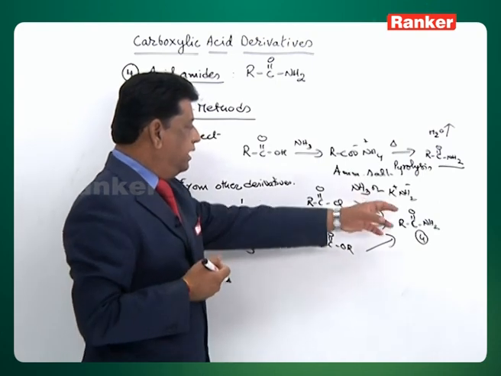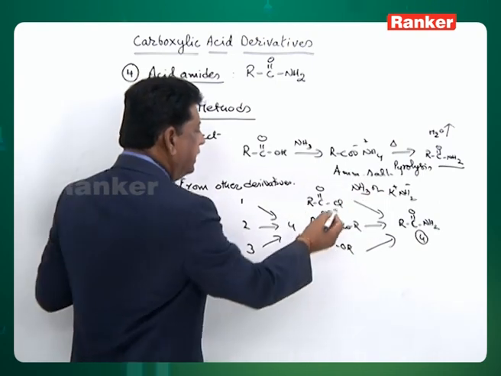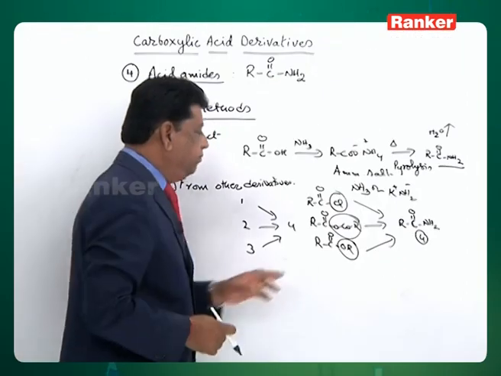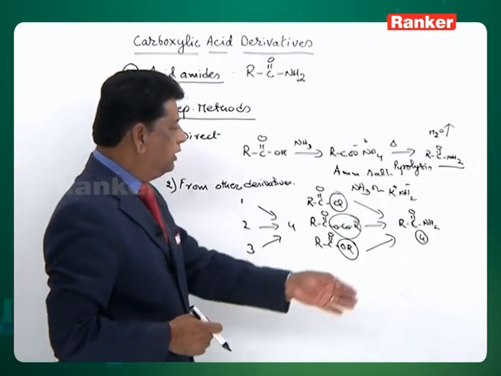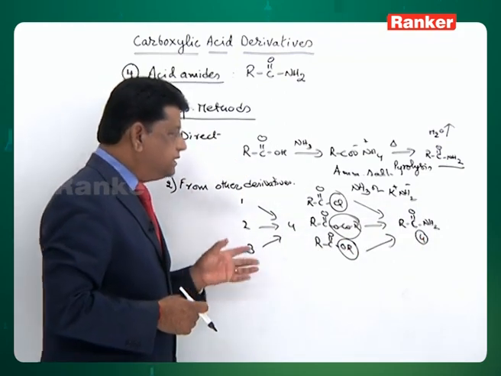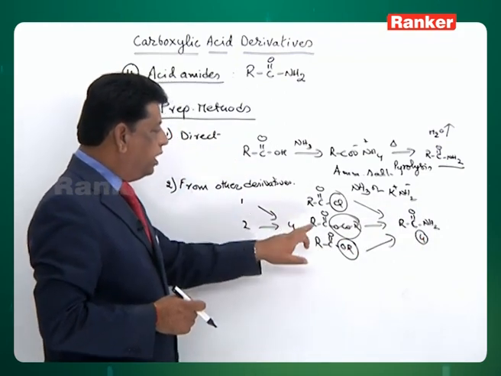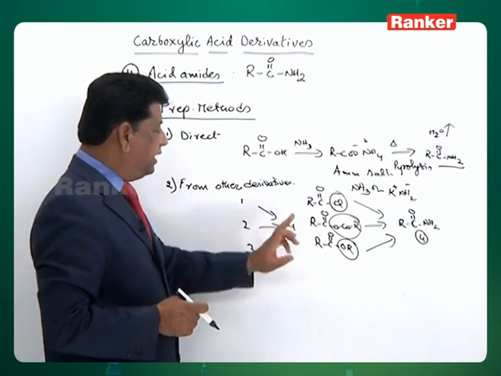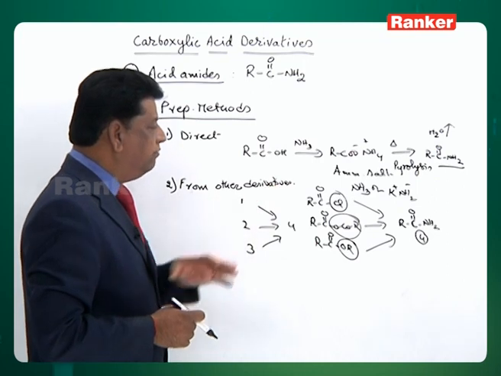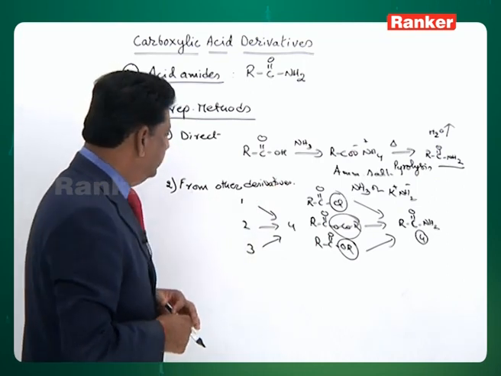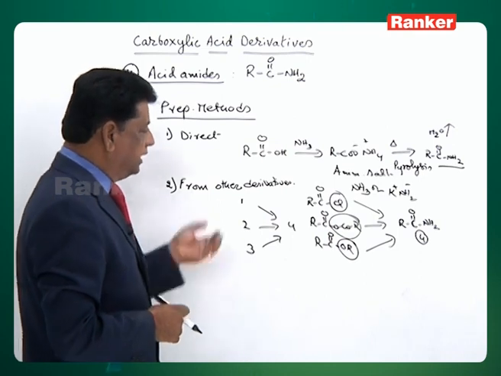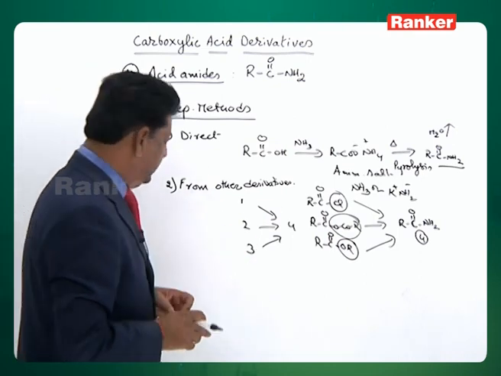That NH2 minus will replace the group; the weaker base will go out and the stronger base will come in, and this is called what? Ammonolysis of the acid chloride, ammonolysis of anhydrides and ammonolysis of the esters. All three can be converted into their corresponding amide. By this replacement reaction, or ammonolysis reaction, we can prepare the amides.